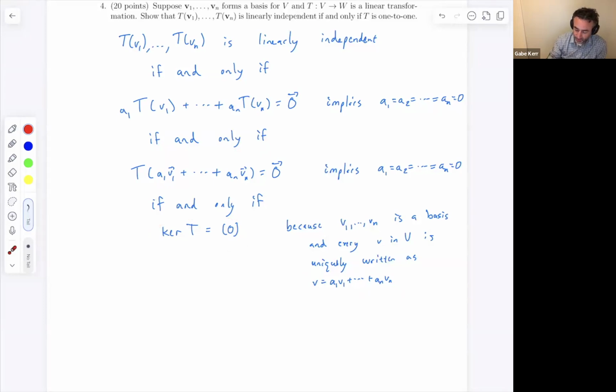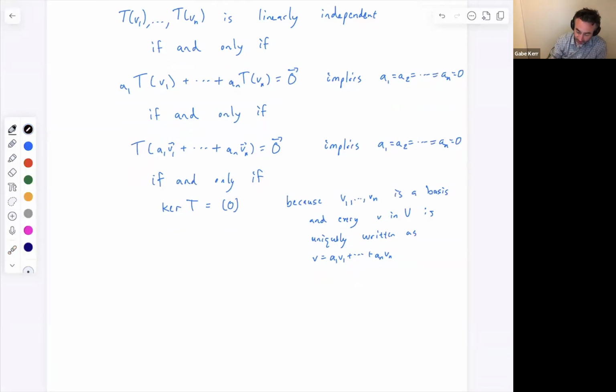So this is just using the fact that this is a basis. So every single V has a representation like this. And this is saying if V is in the kernel, then V must have been 0 in the first place. Okay, great. And conversely, if the kernel of T is 0, then anything you put into T and get 0 must actually have been 0.